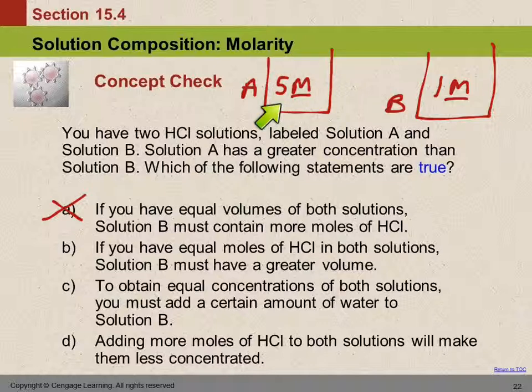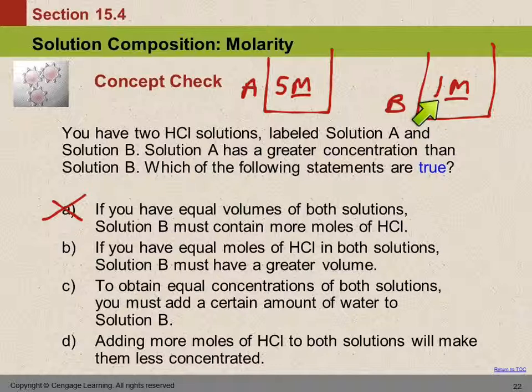Well, how could we make a 5 molar solution? We could put 5 moles in 1 liter, right? That's what 5 molar means. So 5 moles in 1 liter. This is saying if you have equal moles. So they're saying that this container also has 5 moles.